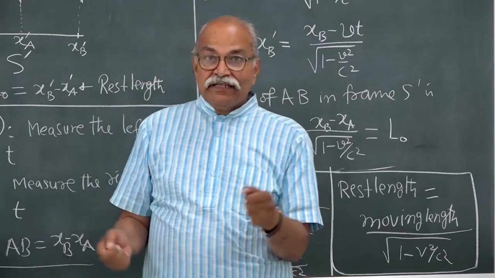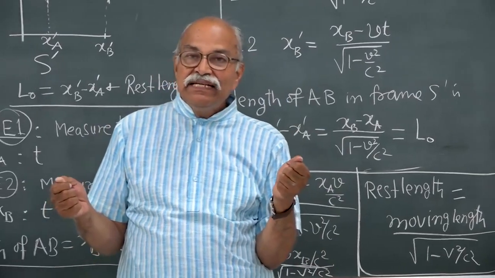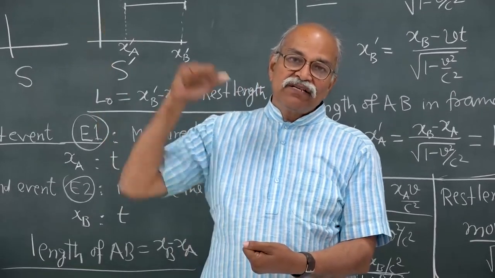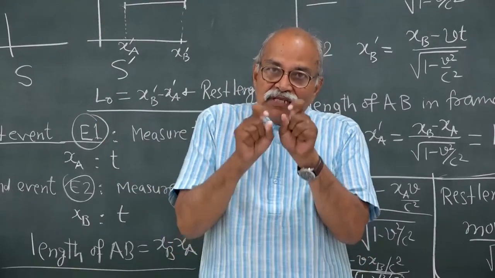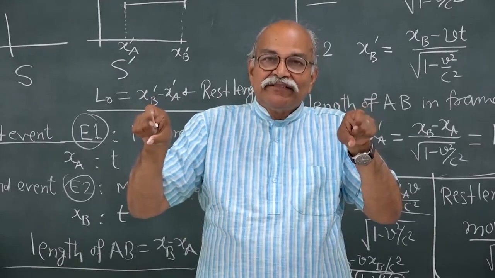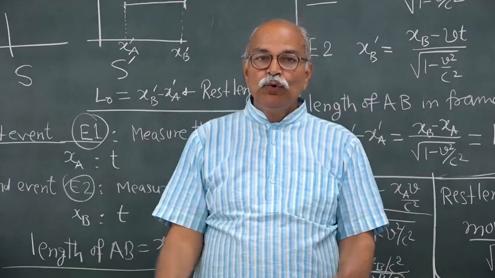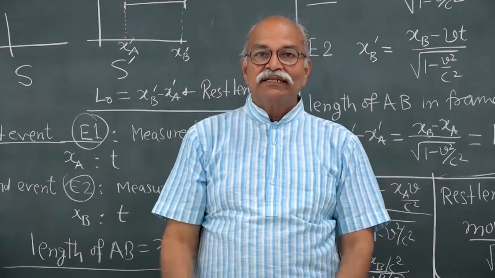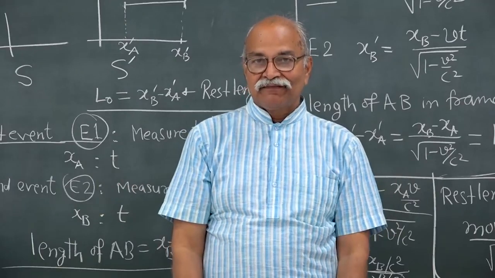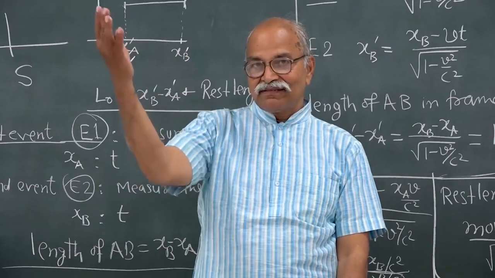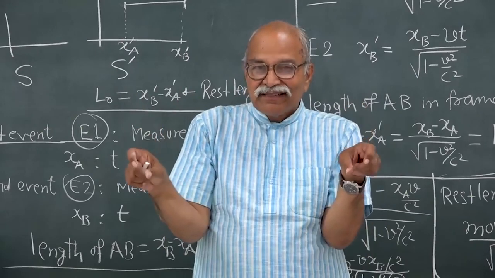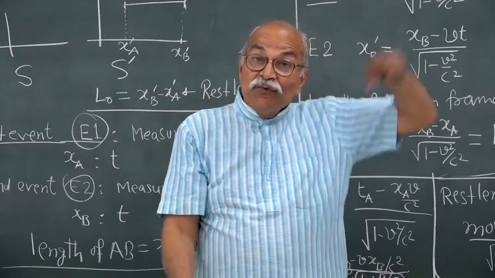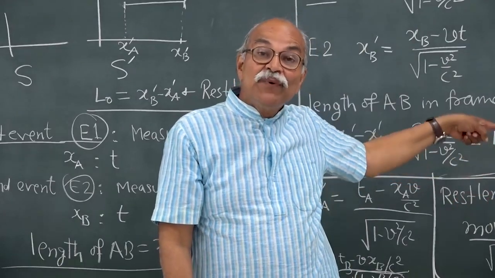And as I said, it is not a material property, because in this whole derivation I have not used that there is a material between A and B. Even if you have two pillars at A and B, and I ask what is the distance between these two pillars, it is only space, there is no material there apart from air, etc. That length also will be changed by the same equation.